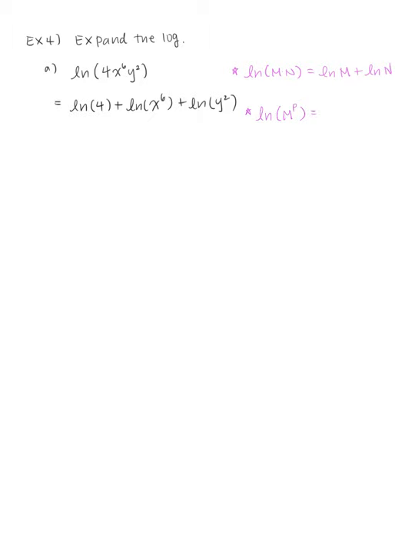Yes, it goes in the front of ln, so you're going to have p times ln of m. So that's the property that we're going to use for the last two terms. So here we're going to get ln of 4 plus 6 times the ln of x plus 2 times the ln of y. Okay, I think that's pretty much it. So that is our answer.